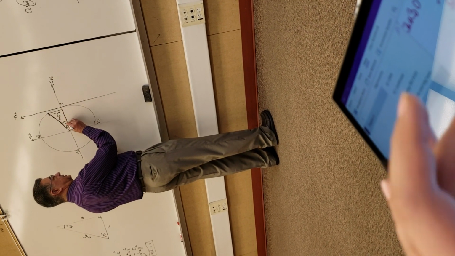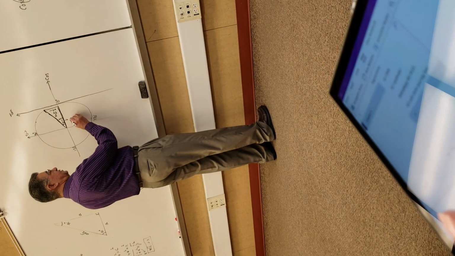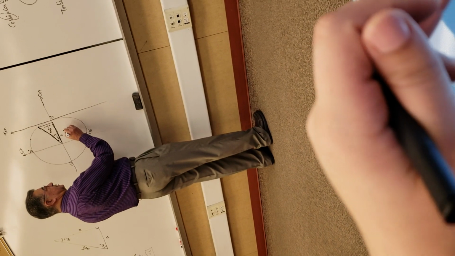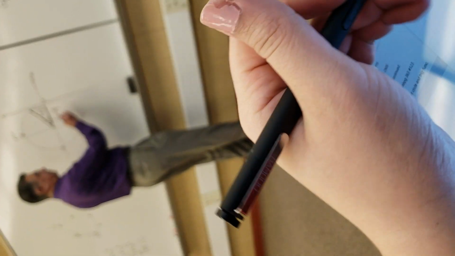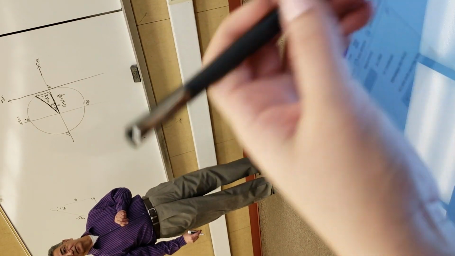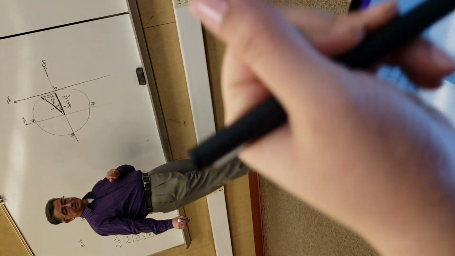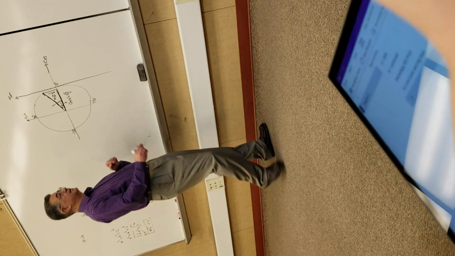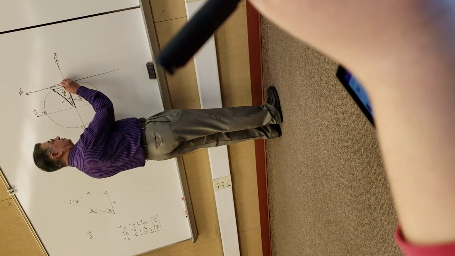What should this be? That's cosine of 30 degrees. Once you see one of them is 1/2, the other one is guaranteed to be what? The other one: square root of 3 over what? 2. And how much is the radius? 1. And then if you stretch this one, this becomes what?